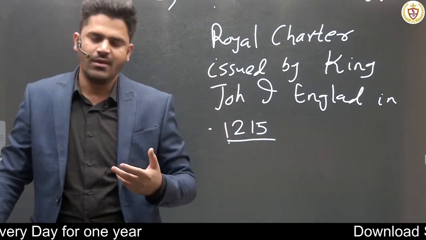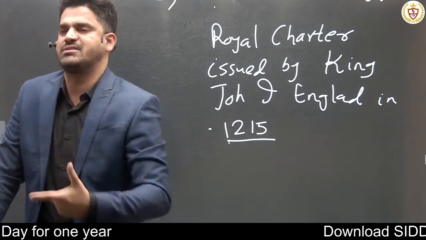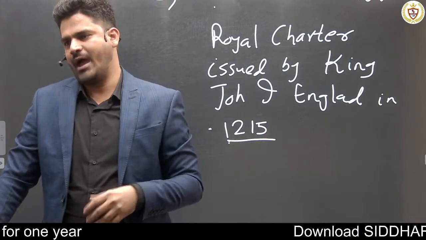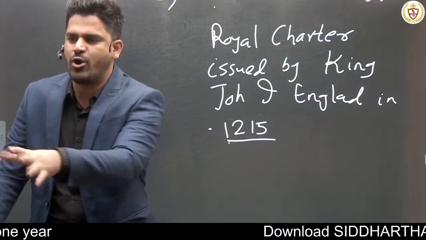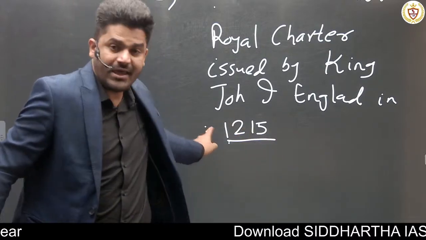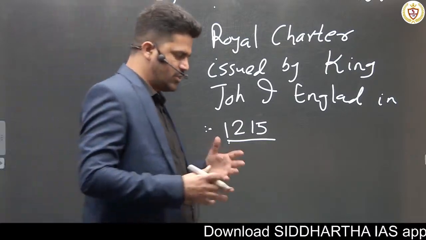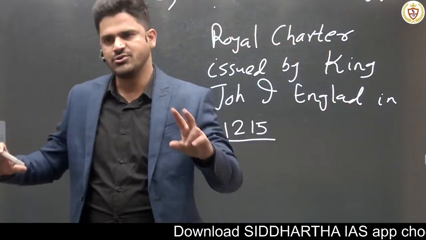Absolute monarchy is a monarchy in which the monarch enjoys unlimited powers without any restrictions whatsoever. And this King John was a very despotic ruler because his powers were not limited by any rights. So this was the first time he recognized that yes, individuals do enjoy certain rights against the state. Got it? Okay.